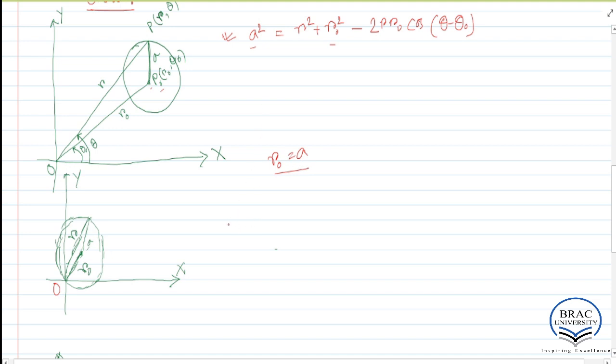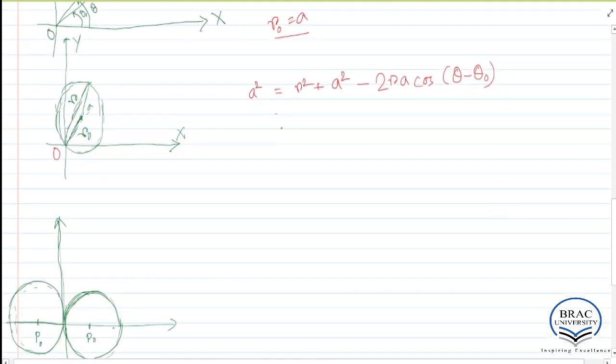So for this situation, we can modify the equation as a square equals r square plus a square minus 2 a r cosine of theta minus theta naught.